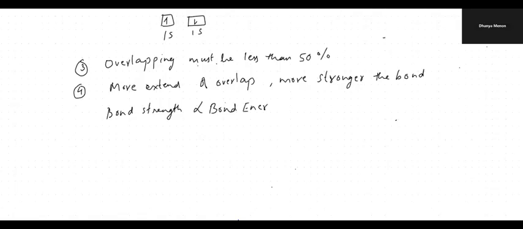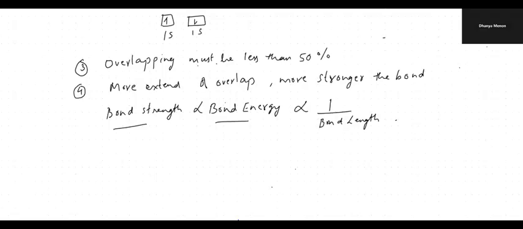If a bond is very strong, then more energy is required to break that bond, so bond energy is more. But the bond length, the distance between the atoms, is very much less. So it is inversely proportional to bond length. The stronger the bond, the more energy it requires to break apart, and the bond length is very small.